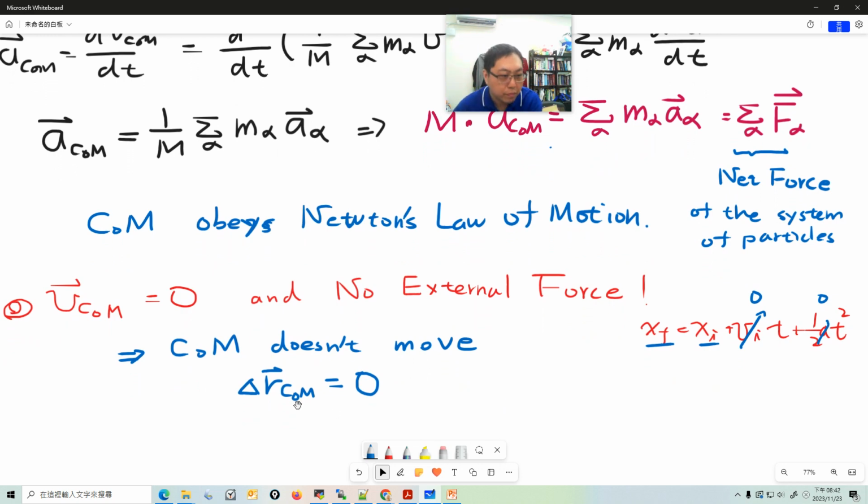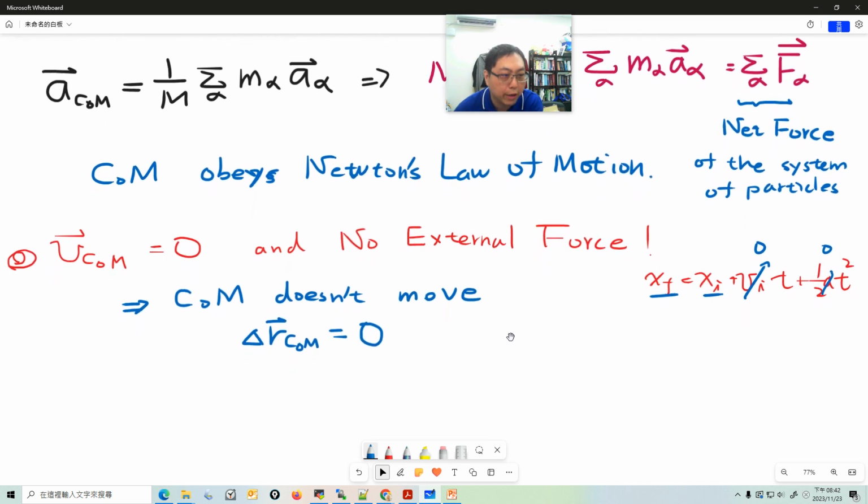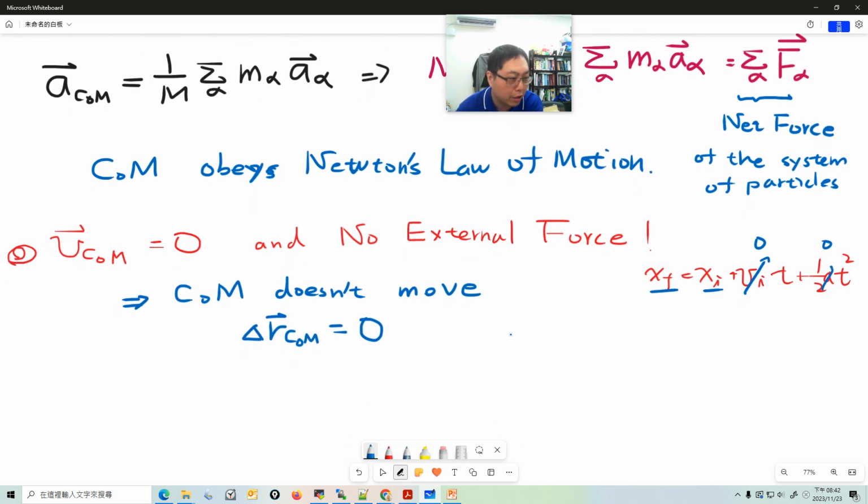Let's write down delta R_COM. It is very similar to the equation we just saw to calculate the center of mass: 1 over capital M times the summation over alpha of m_alpha, and here we just use delta R_alpha. We just replace the small d with delta. Because the center of mass doesn't move, delta R_COM is equal to 0.